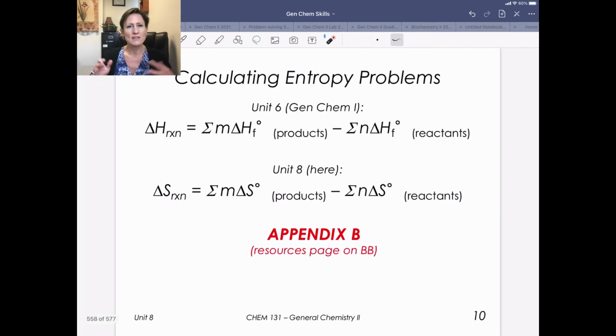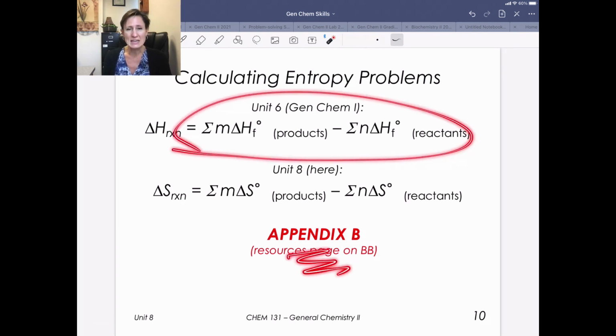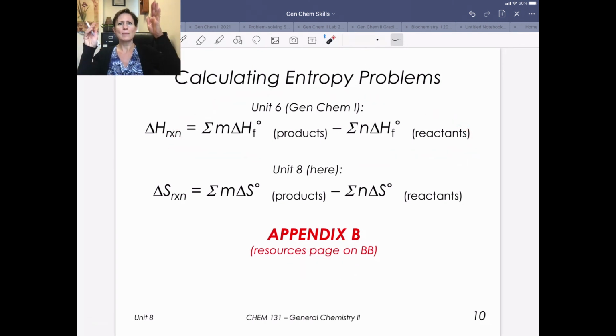And that's where we saw this crazy equation, right? Where it looked like this, and we had to use Appendix B, and we basically needed to sum up, it's always products minus reactants, we needed to sum up the total enthalpy values of our products and subtract the enthalpy values of our reactants, and that would give us the overall enthalpy of that reaction.